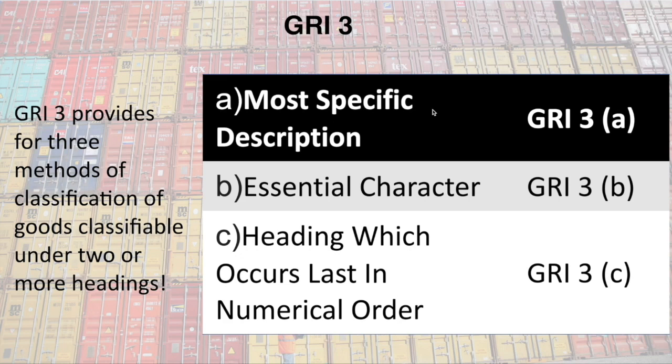But you must be very careful with this method of the last position, which is widely used by those who are new to the tariff classification process, because in practice it is very rare to find cases that are resolved by this method.